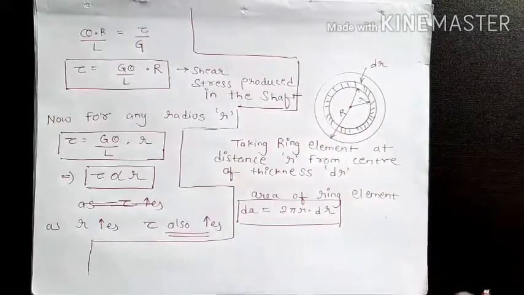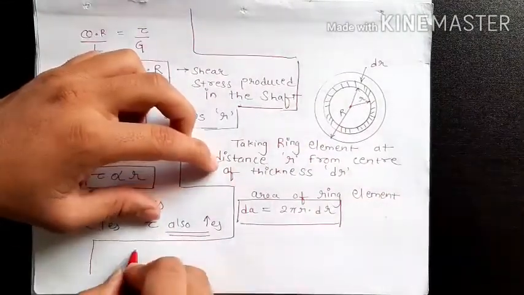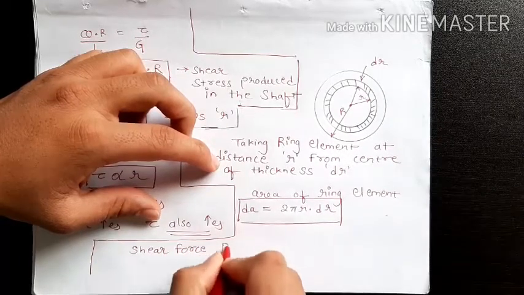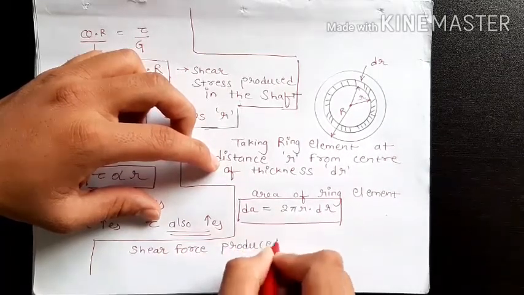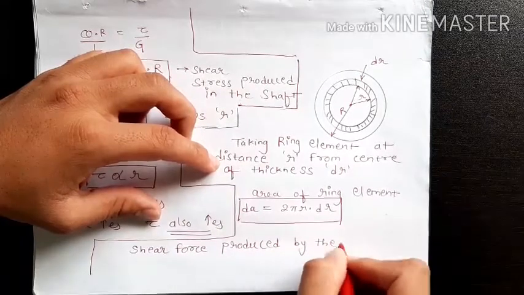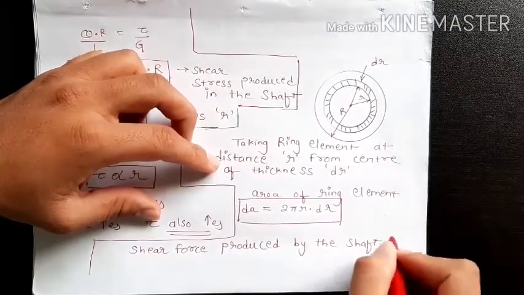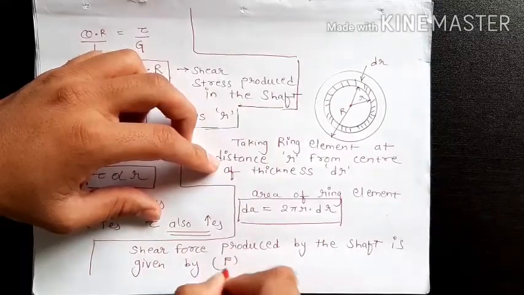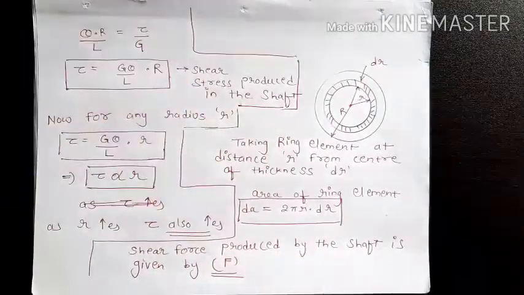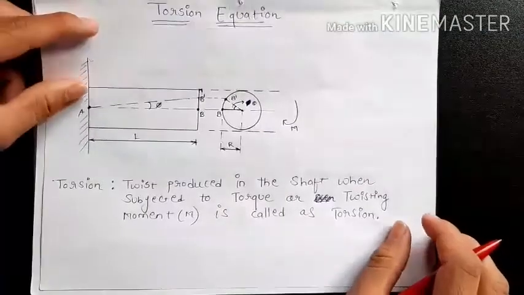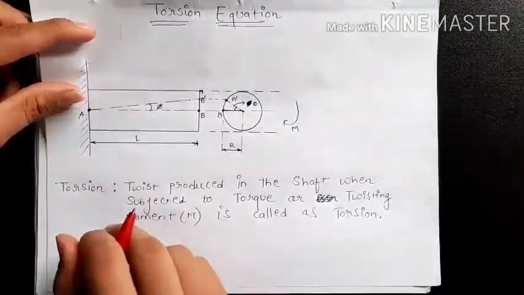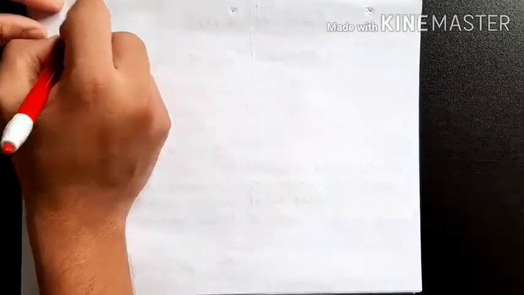So the shear force produced by the shaft is given by F. For the whole shaft, we will first consider the shear force produced by this fiber AB.